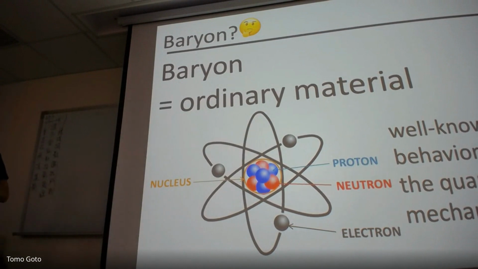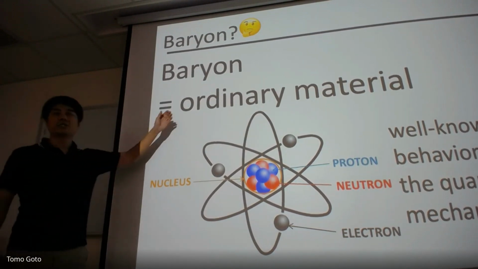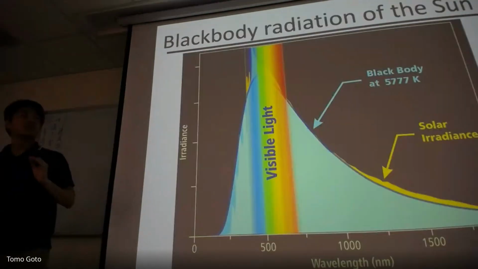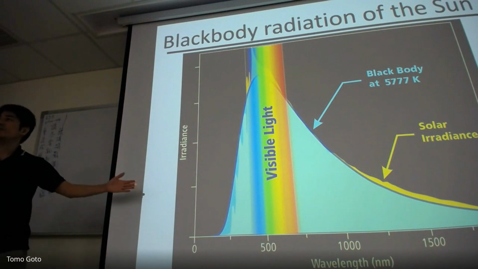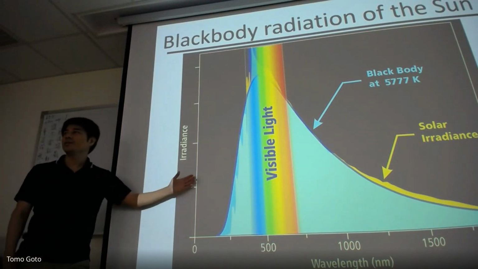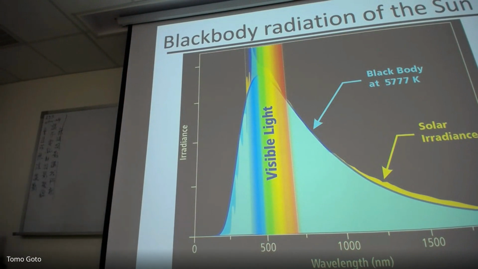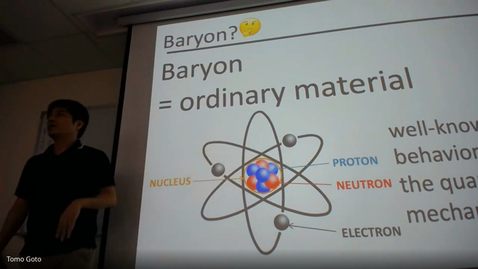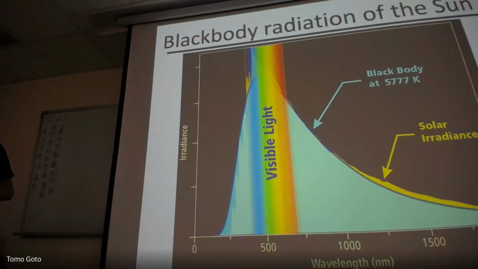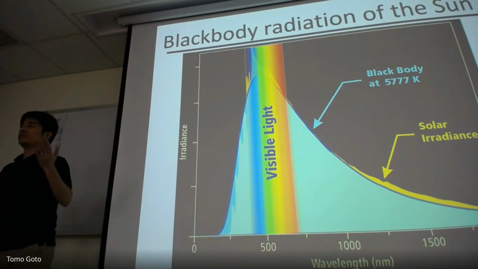I think the most famous consequence from quantum mechanics of baryons is black body radiation. I don't know if you learned this in class, but it is one of the consequences of quantum mechanics. If you apply quantum mechanics to baryons, ordinary material, then you can predict the spectrum of the sun.